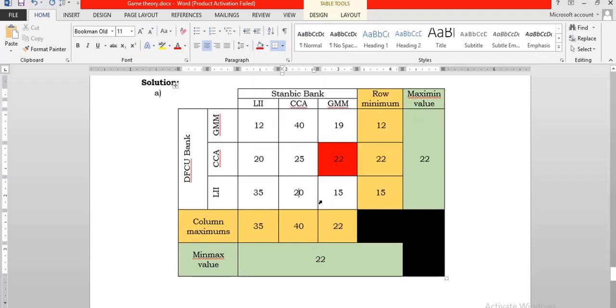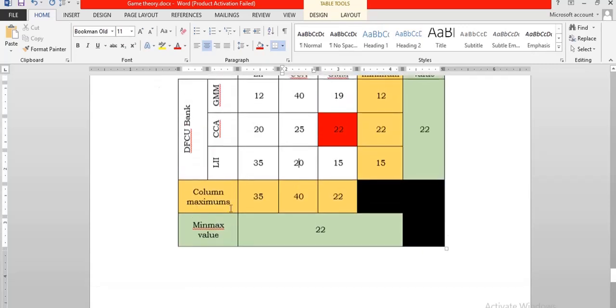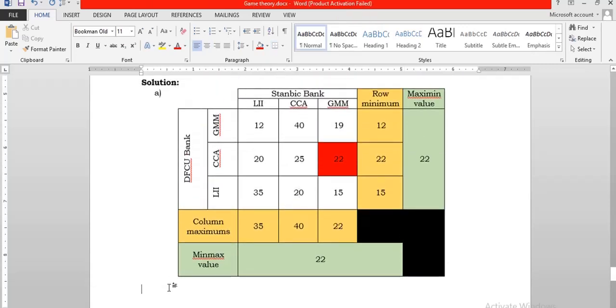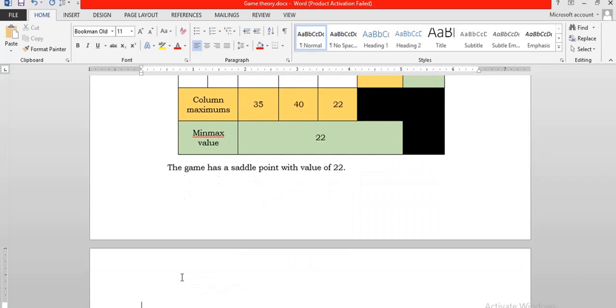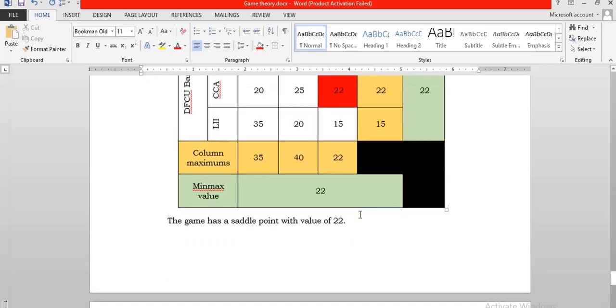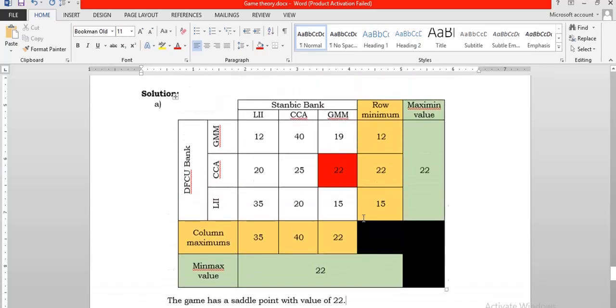What does this mean therefore? I'm going to interpret this one further. It means that the game has a saddle point with a value of 22. That's the most important thing. The first thing you need to notice here is the saddle point of value 22.